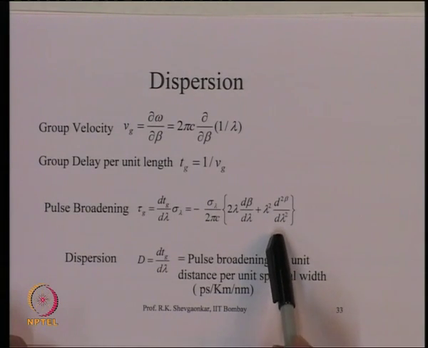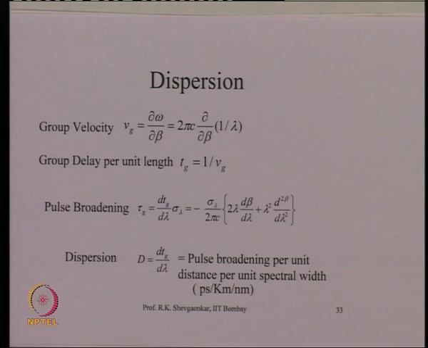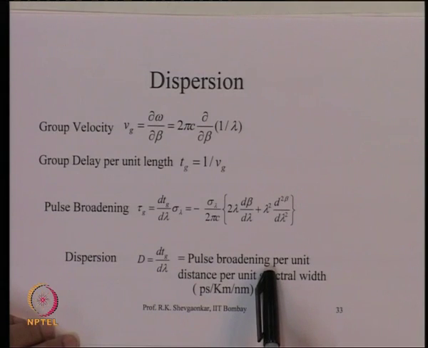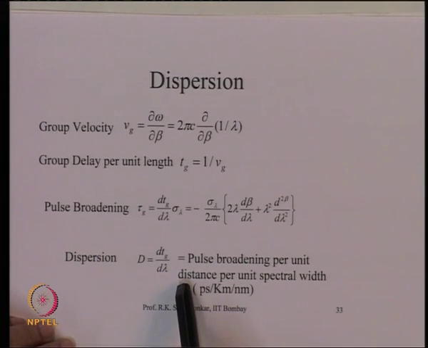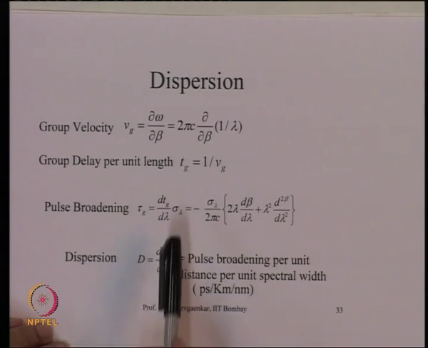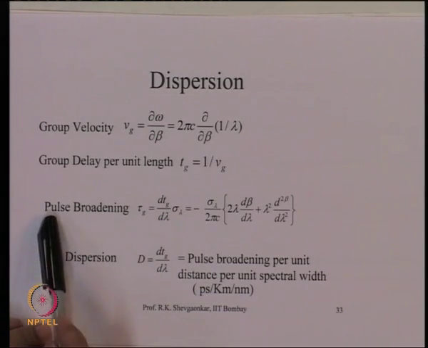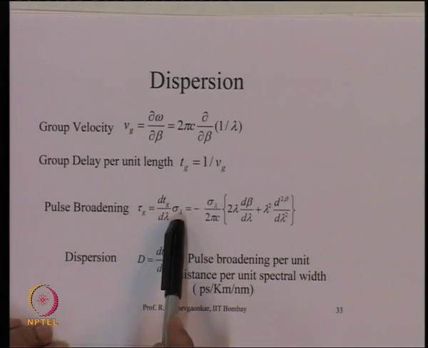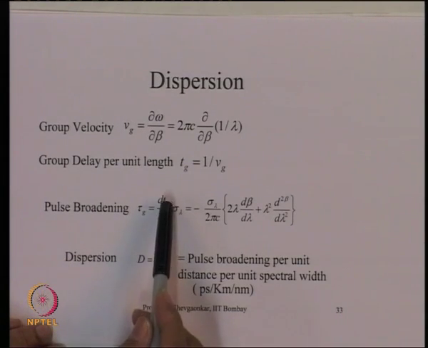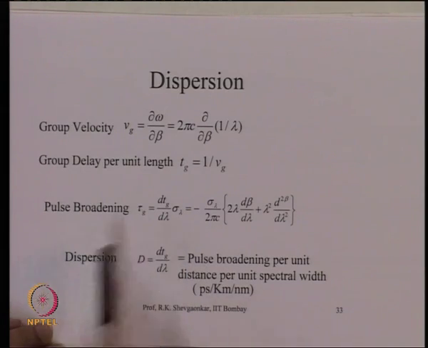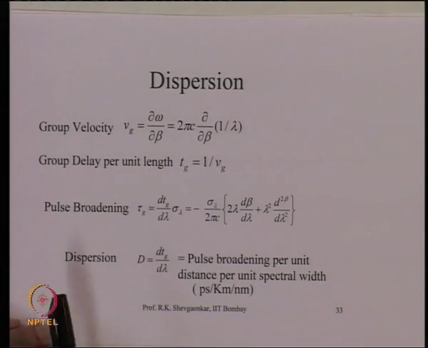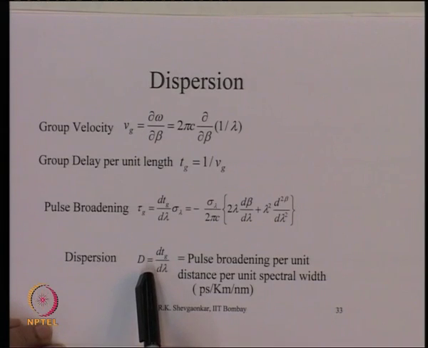So, now we can define formally the dispersion. A dispersion we define as the pulse broadening per unit distance travelled on the fiber per unit spectral width of the source. So, if I bring this quantity sigma lambda down here, that will be the pulse broadening per unit spectral width of the source. So, essentially dTg by d lambda, where Tg is the group delay, that quantity is what is called the dispersion on the optical fiber.